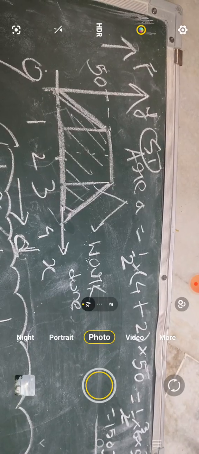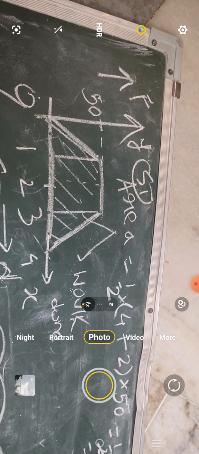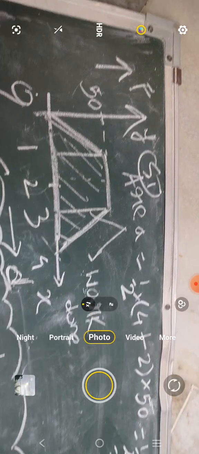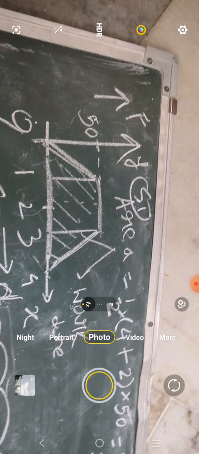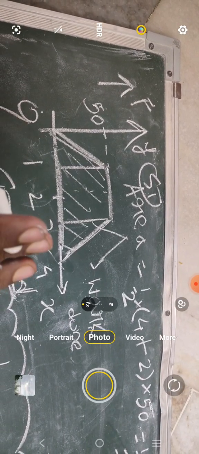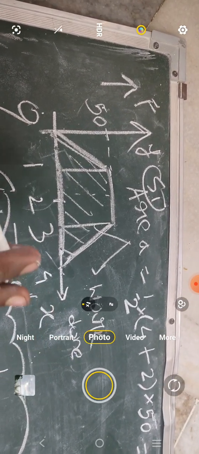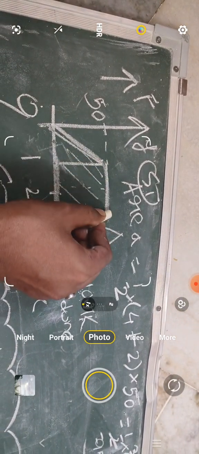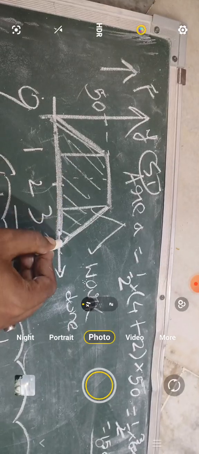But how to obtain that area? The area we will calculate like this. This is like a trapezium. What is the area of a trapezium? Half into sum of parallel sides into height. One parallel side, another parallel side.